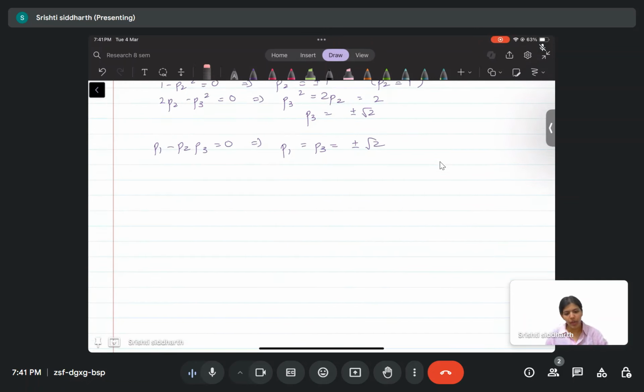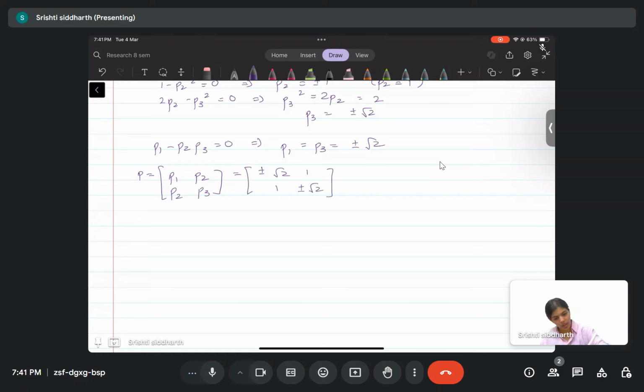We have to find out the matrix P, which is already symmetric, but P should be positive definite. Let's say P equals P1, P2, P2, P3. We have 2 choices for P1 and 2 choices for P3. So it's always symmetric.